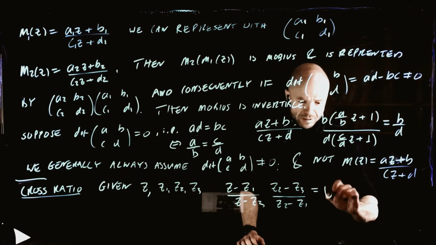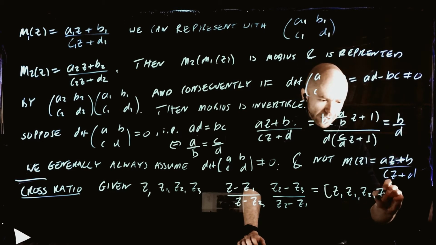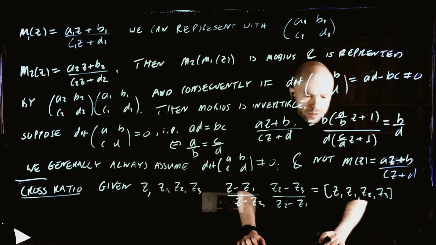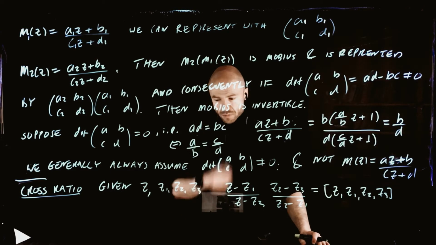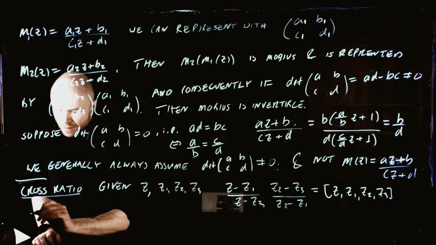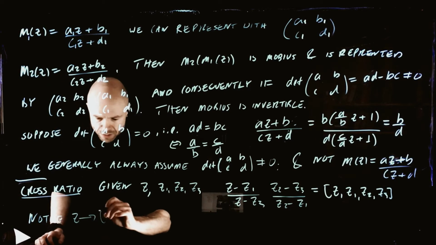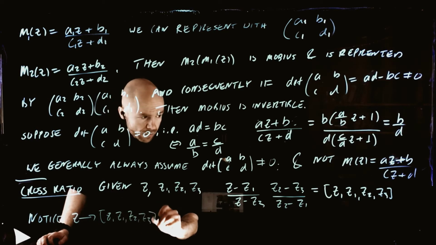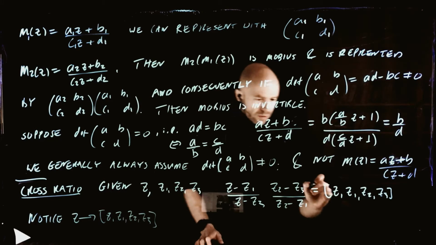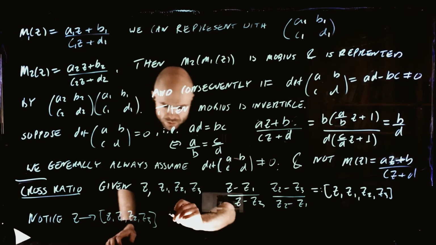So sometimes you see notation like this: Z, Z1, Z2, Z3. That's the standard notation, okay? So notice that Z going to the cross ratio of Z, Z1, Z2, Z3, I should put this as a definition here. This thing is a Mobius transform.